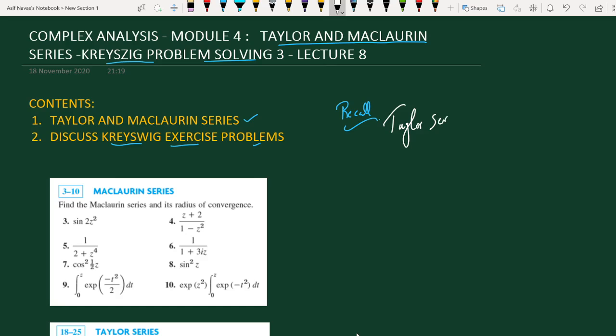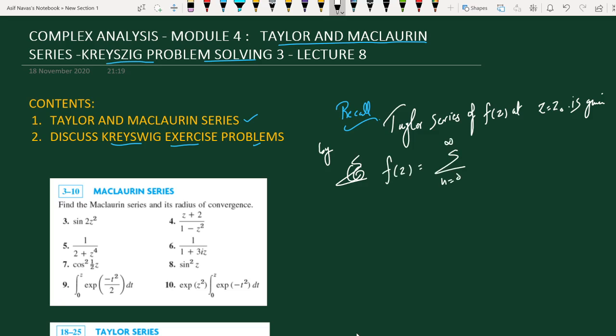Taylor series of f of z at z equal to z naught, a point, is given by f of z is equal to sigma n equal to 0 to infinity, f nth derivative at z naught divided by n factorial into z minus z naught all power n.